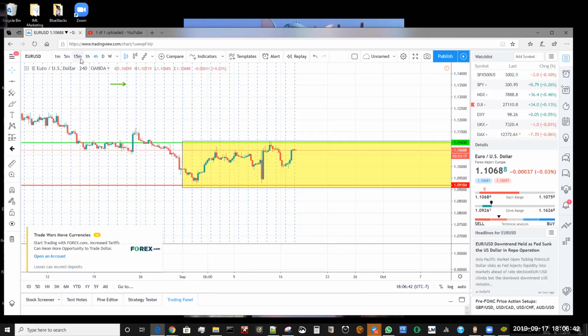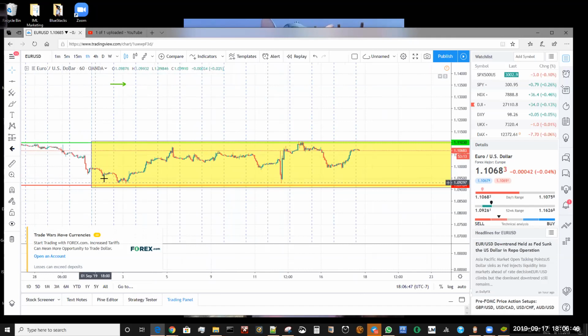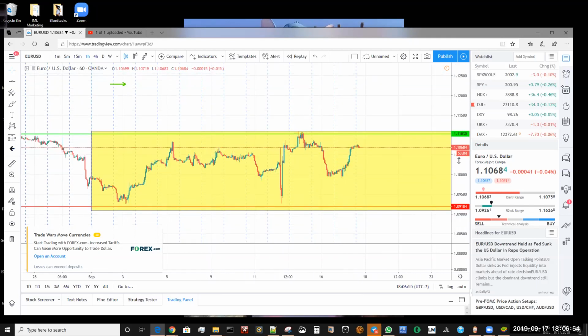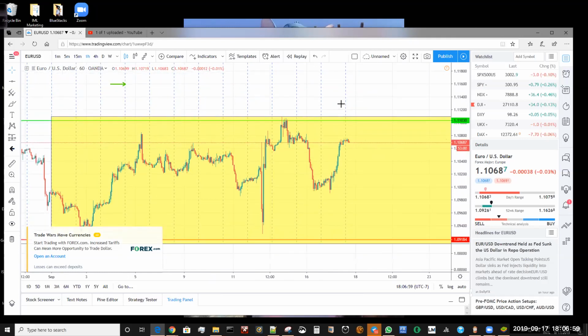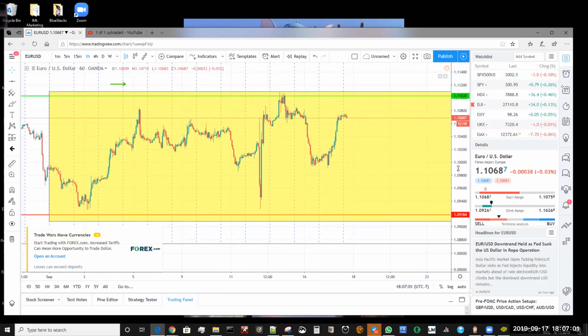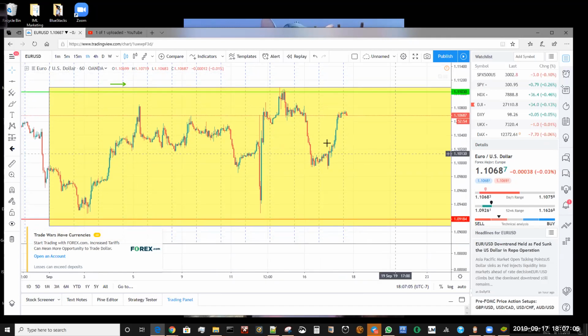You could break this down to the 1 hour, and you can see here we're still trading in this consolidation area. Expanding our chart so we can see the candles, and so forth. So that's how you determine high and low prices.